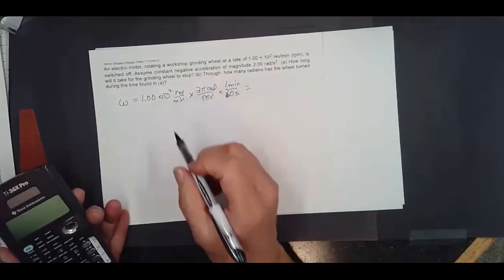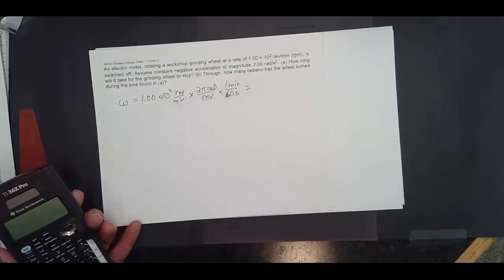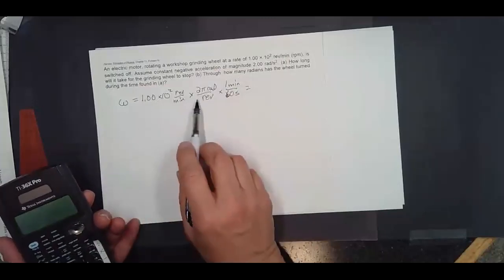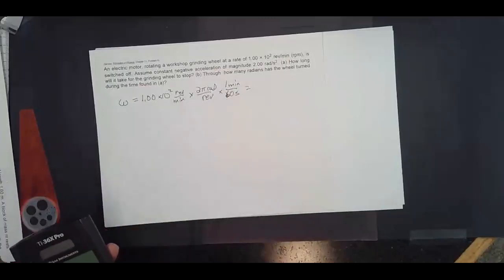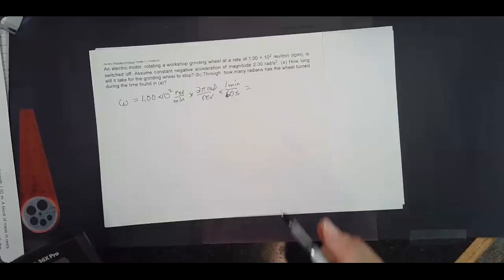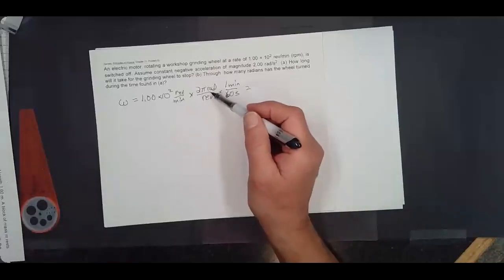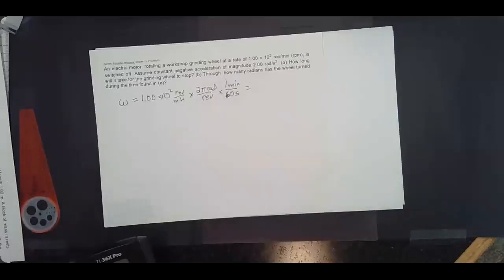So 2 pi times that is going to be 200 pi divided by 60. I probably won't leave this in terms of pi.